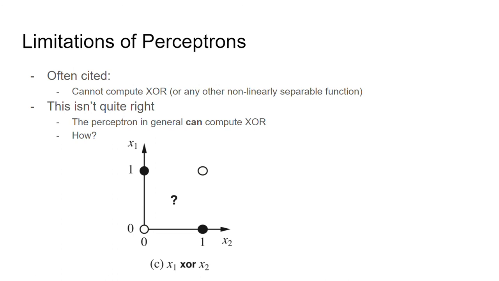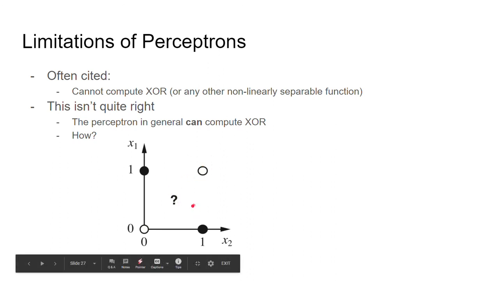Now, the thing that's often cited about their critique is that a perceptron cannot compute the XOR function. And this is the diagram that I showed before and mentioned before, that if you have features, if you have, say, an input like this, where I have two inputs, and I would really like the output to be a 1 if either of the two inputs is 1, but not if both or neither of them are 1.